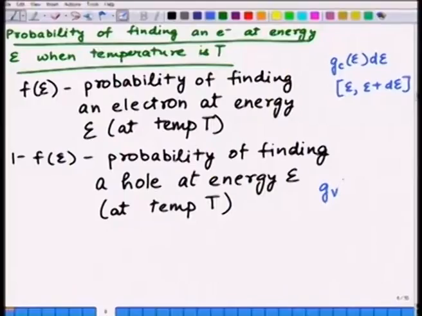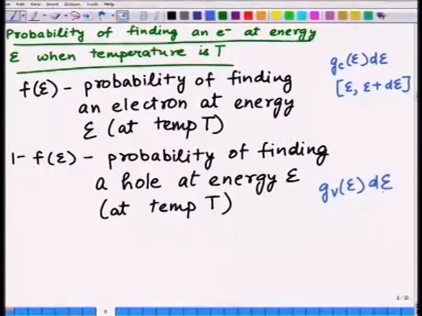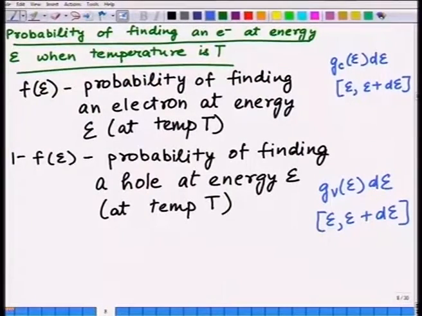So in valence band, if I want to find how many holes are there, then I obviously know G_V(E) dE is the number of hole states. That's the number of holes that can be in energy range E and E plus dE. If I multiply this by 1 minus F(E), then I will get how many holes are actually there in valence band. So that's why if I know what F(E) is, then I will know 1 minus F(E). All right. So now let's do this.